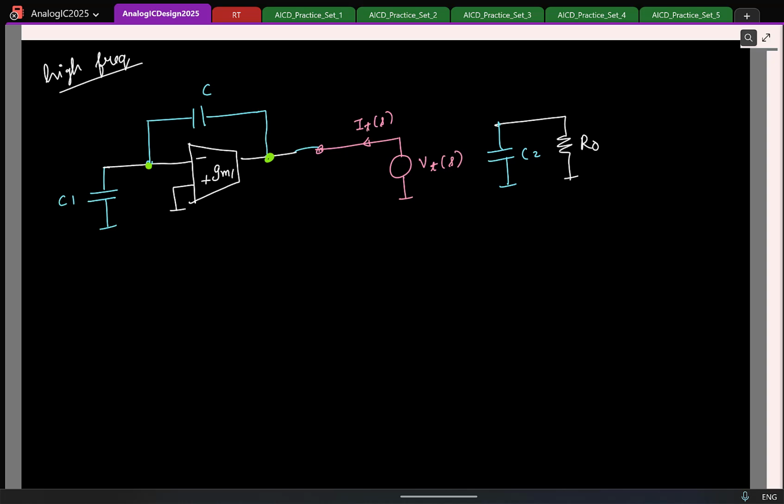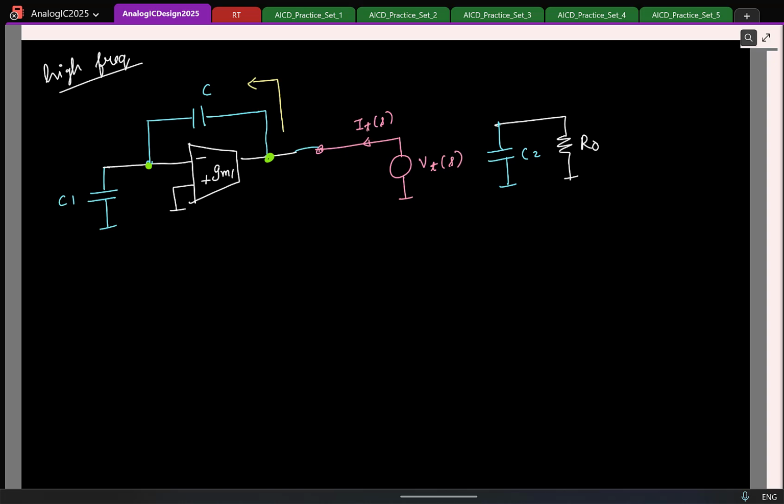This current I test can flow in how many directions from here? What are the paths? One path is through this capacitor. The idea is that we are trying to look at the pole, so you find the conductance at that node and the capacitance at that node.